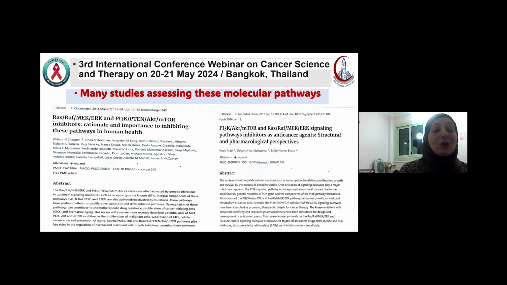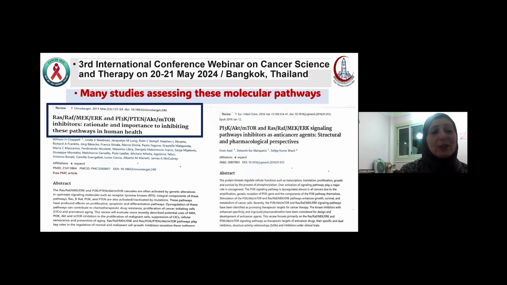Really, many studies go on these molecular pathways in different cancers, and this is one of the paper studies: the RAS, RAF, MEK-ERK pathway, and also the phosphatidylinositol kinase, PTEN, AKT-mTOR pathway, rationale and importance to inhibiting these pathways in human health. So researchers extensively study these molecular pathways in different cancers.